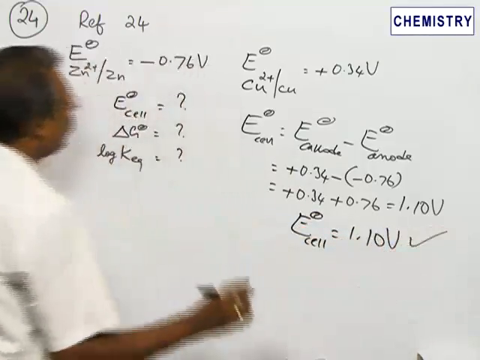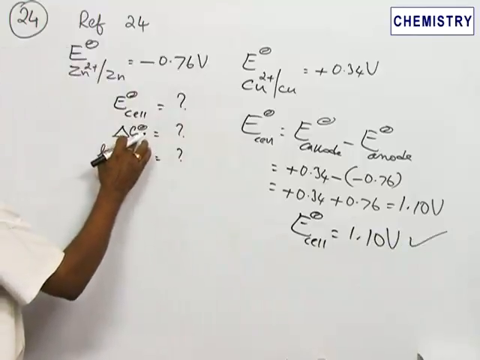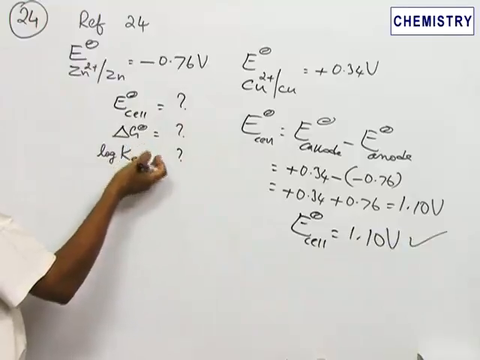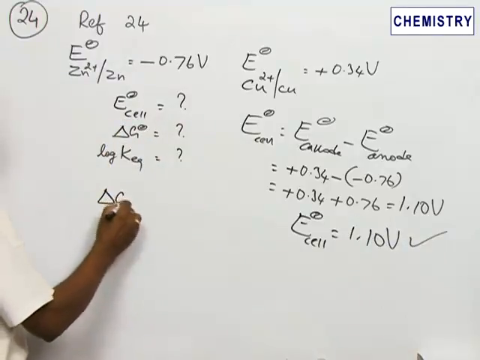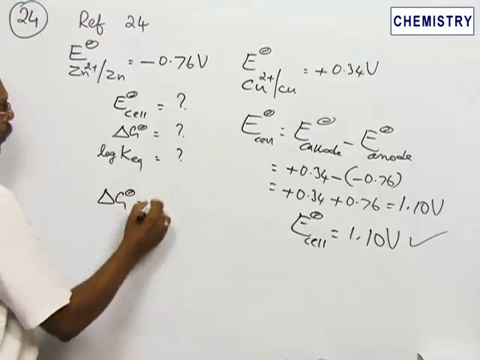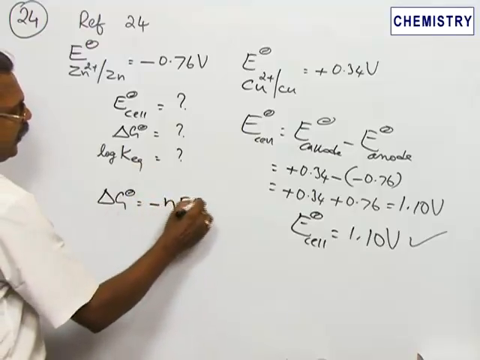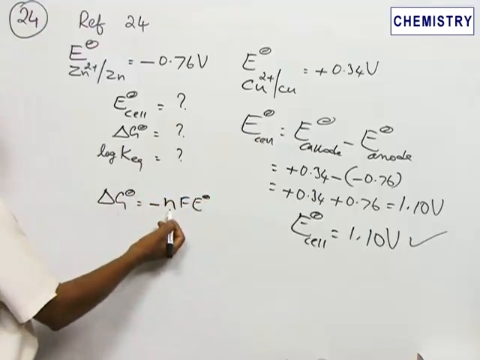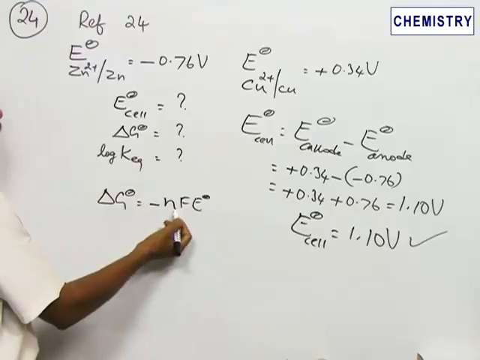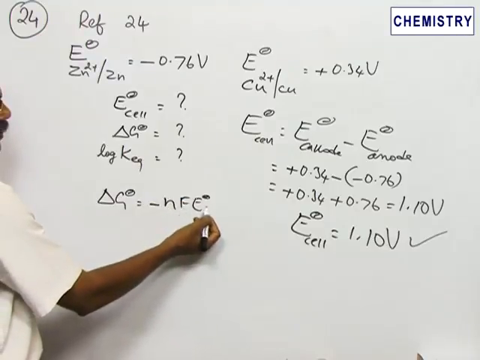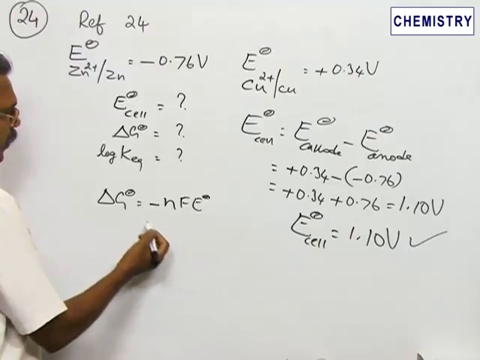Next, delta G, the Gibbs energy change, also called the standard free energy change or standard Gibbs energy change. Delta G naught is equal to minus nFE naught, where n is the number of moles of electrons in the cell reaction, F is the Faraday constant, and E naught is the standard EMF we have just found out.